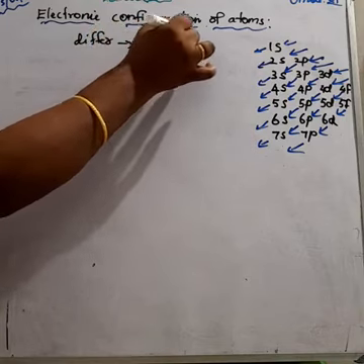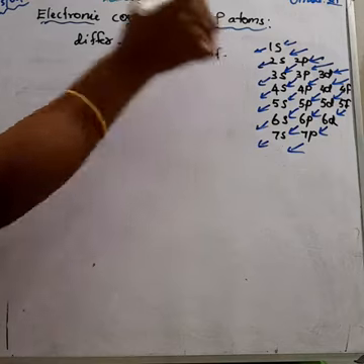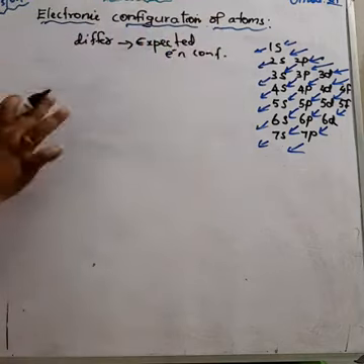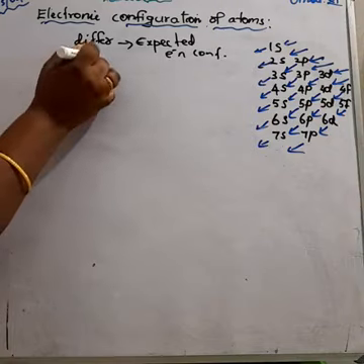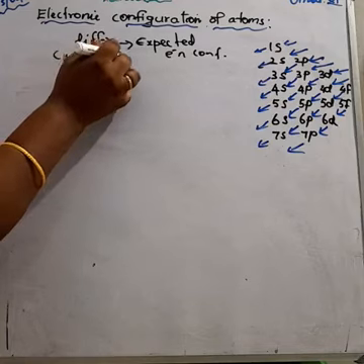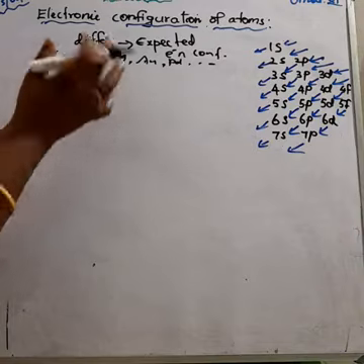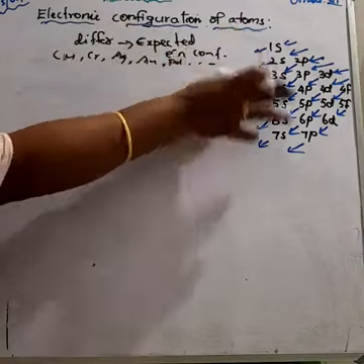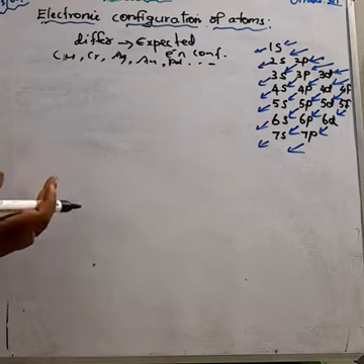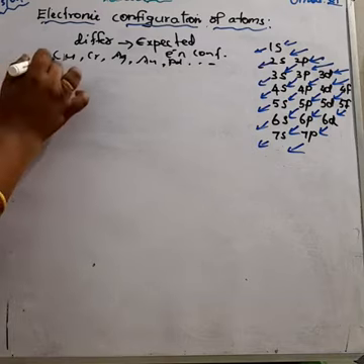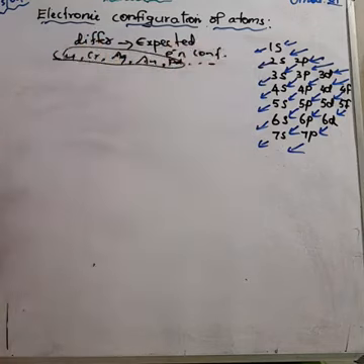You know how to write the electronic configuration according to the Aufbau principle, but some elements such as copper, chromium, silver, gold, palladium, etc. differ from the electronic configuration according to the Aufbau principle. How will it differ? Let's see.